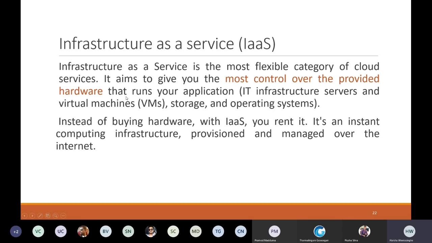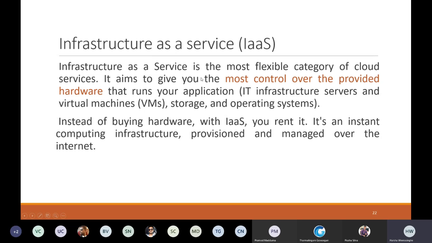For example, if your application needs to access the operating system's core functions, you have to have the authority to control those functions. In that case, the best option is IaaS, infrastructure as a service. It's like you simply bought a machine from a vendor.